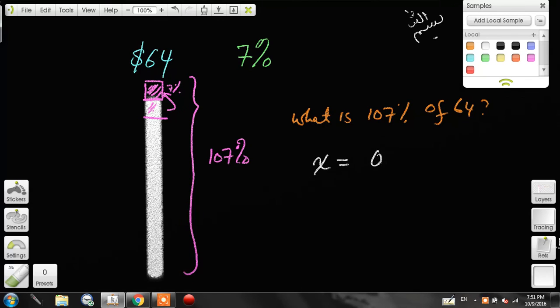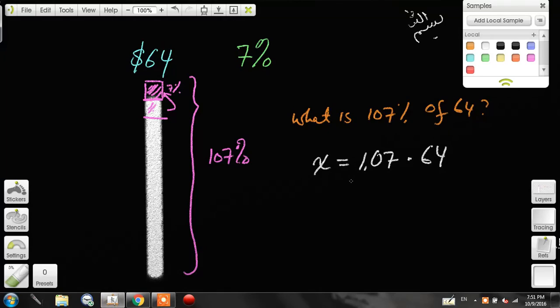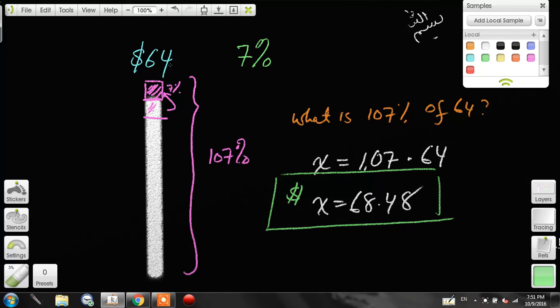If you had a calculator with you, 1.07 times 64 is 68.48. So that's the total cost after the 7% tax, $68.48.